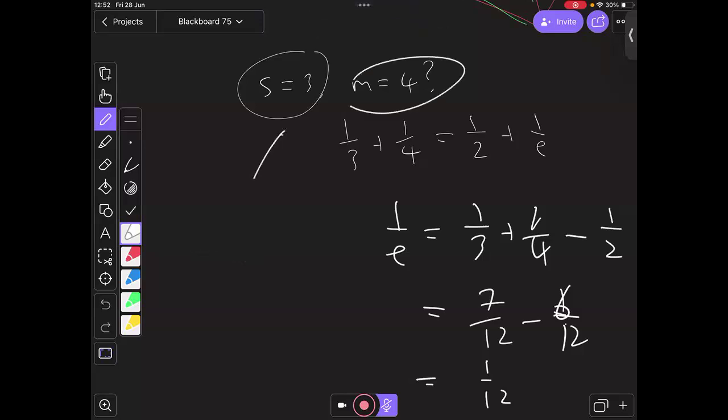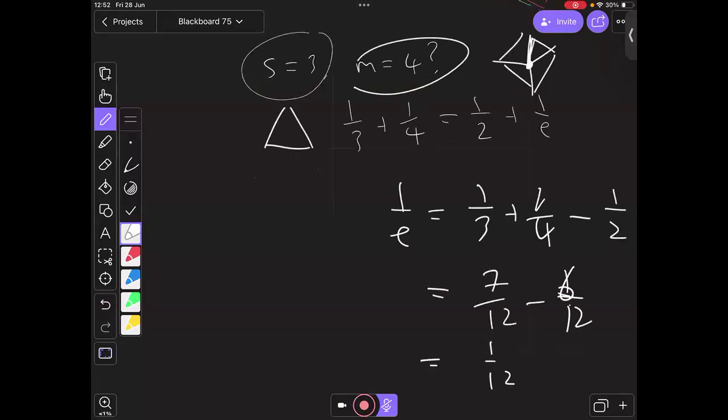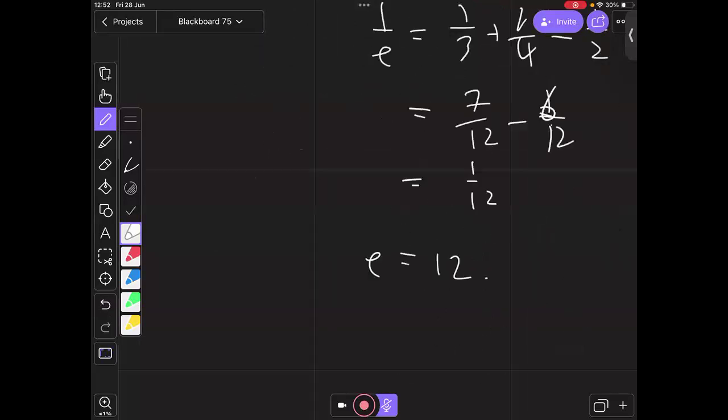This is made out of triangles, so at each particular point, you have 4 triangles meeting. That's what it looks like at a point. And you have 12 edges. So m equals 4, s equals 3, and e equals 12.